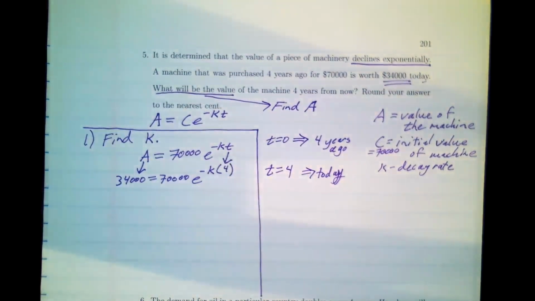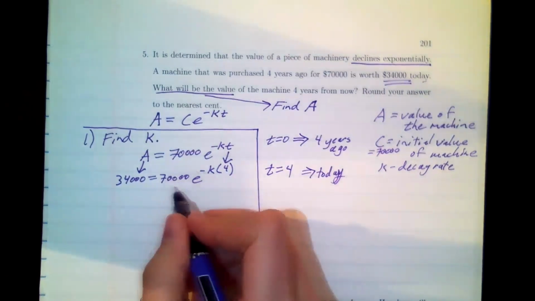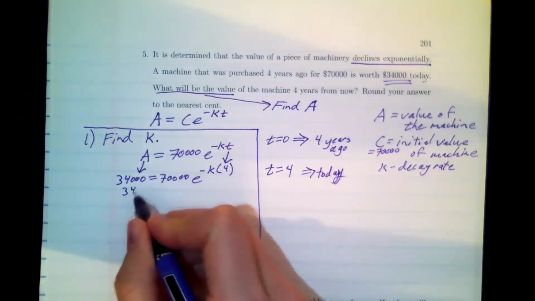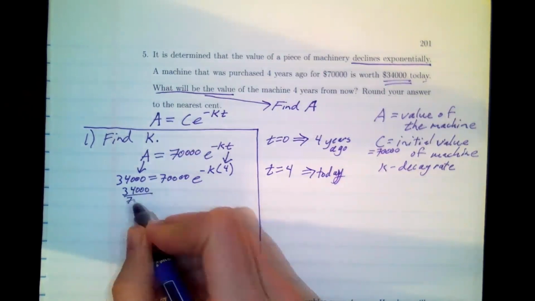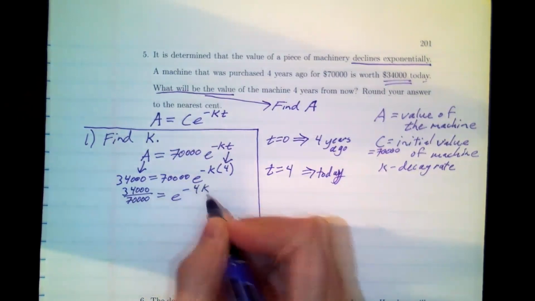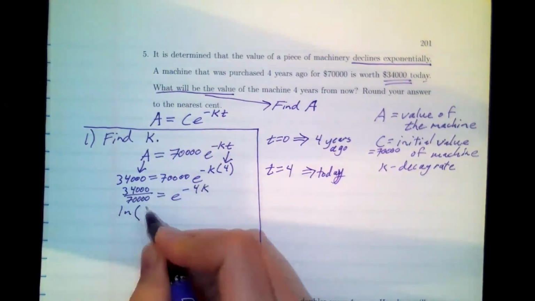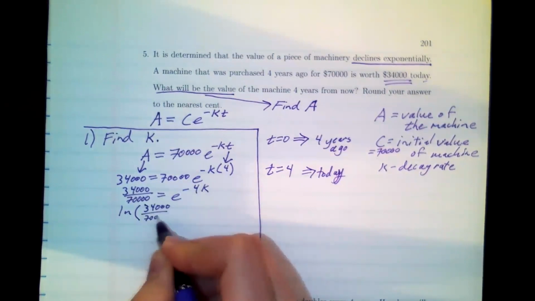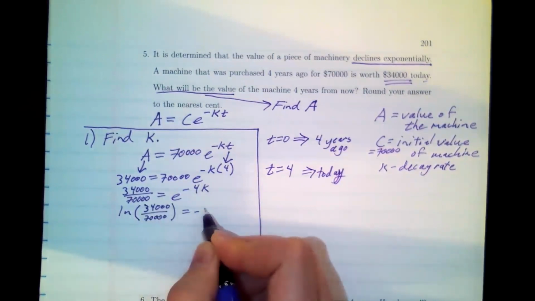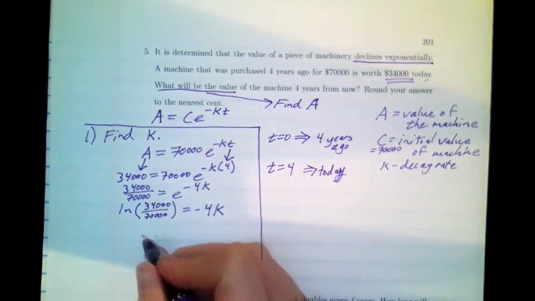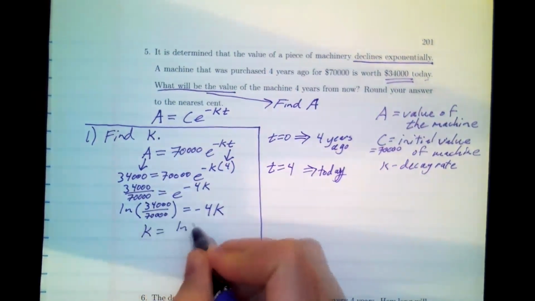Let's solve for K here, just like we do solve for T. Divide both sides by 70,000. Take the ln of both sides to get rid of the e. And then divide both sides by -4 to get your K.